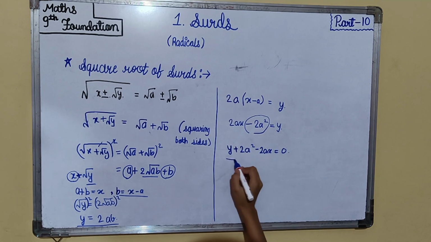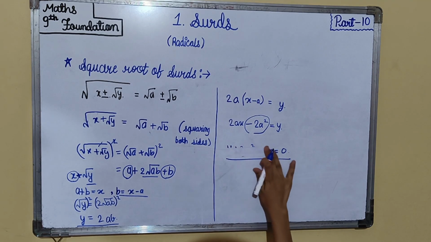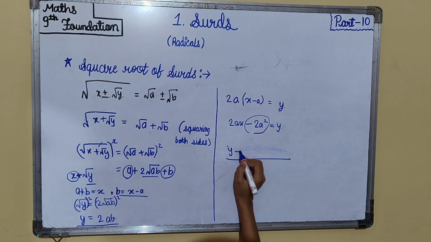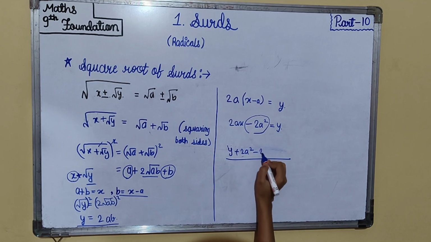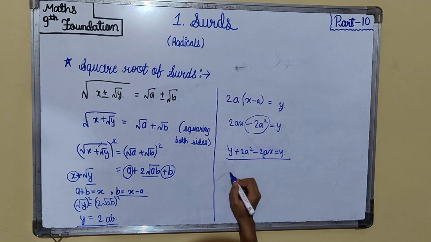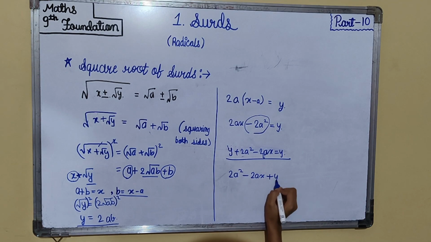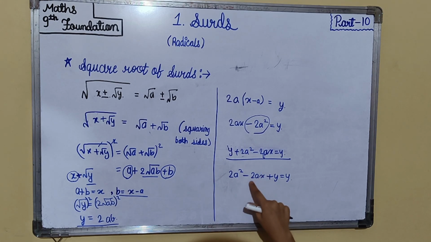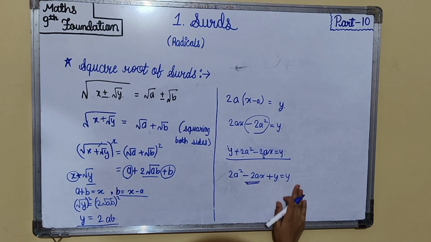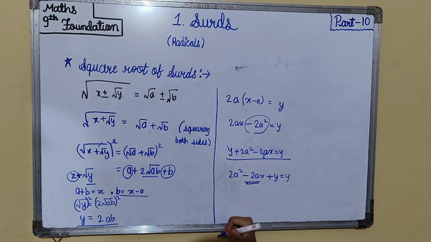So after this we have to split the middle term. The middle term is always like this: 2a square minus 2ax plus y is equal to 0. The term with the variables like this should always be in the middle.